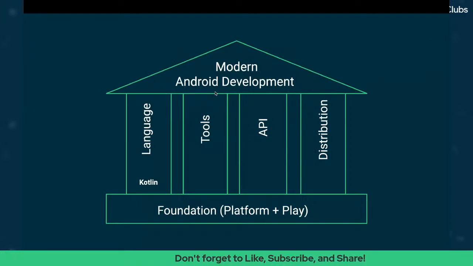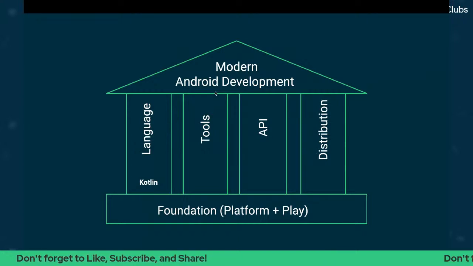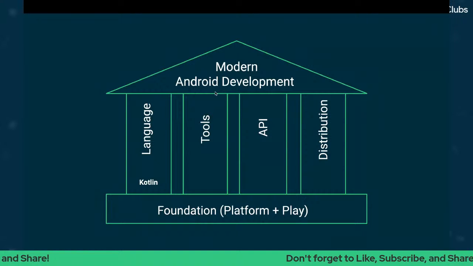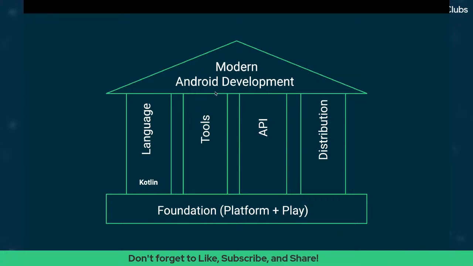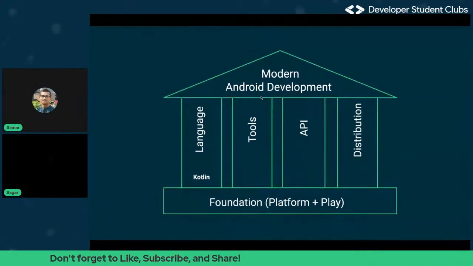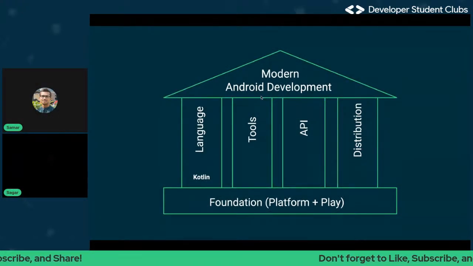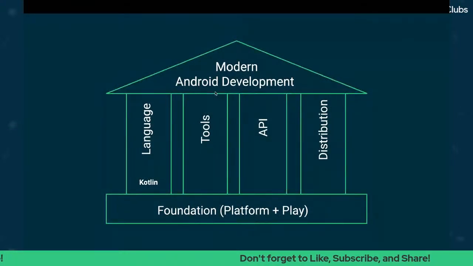So to summarize this talk, modern Android development is based on four pillars: language, tools, APIs, and distribution. On the language side, we have Kotlin, which is a rapidly evolving language, widely adopted in the Android community, and which will make you productive and help you write bug-free apps.